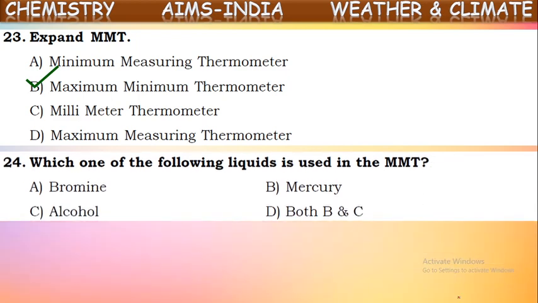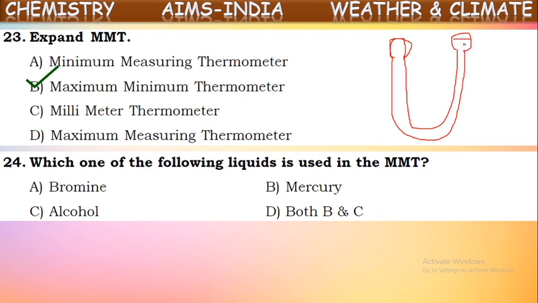Which one of the following liquids is used in the MMT? Yes, in this maximum minimum thermometer, two liquids are used. Actually it is a U-shaped tube like this, containing a bulb on each top. This will be vacuum here.